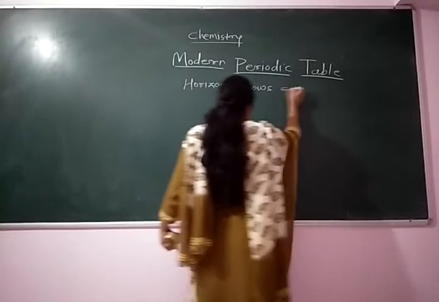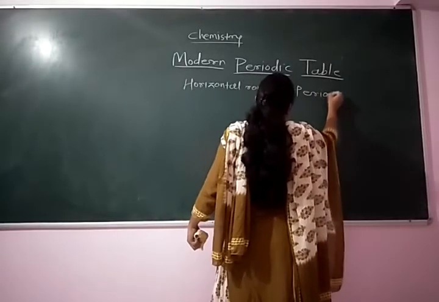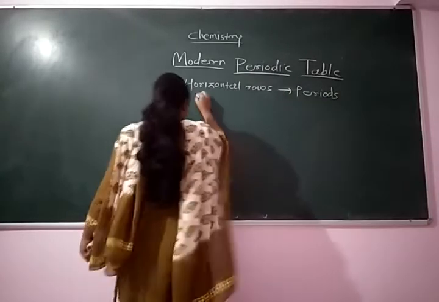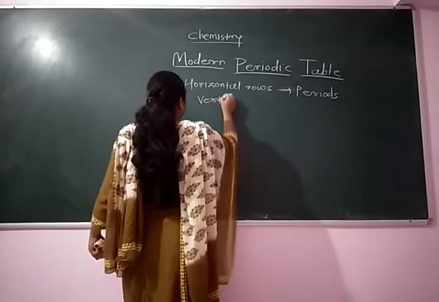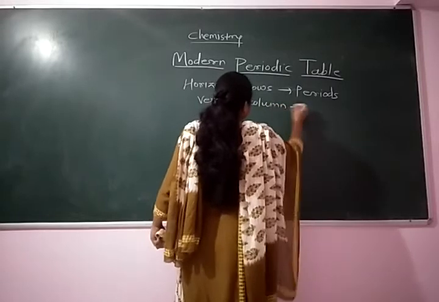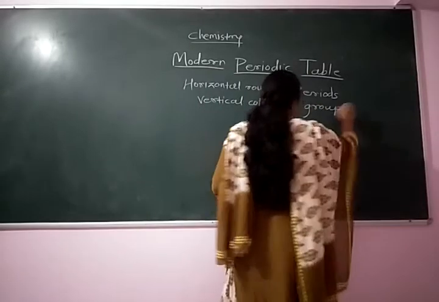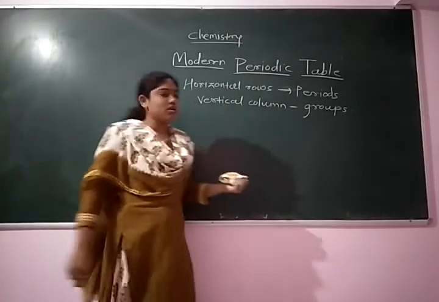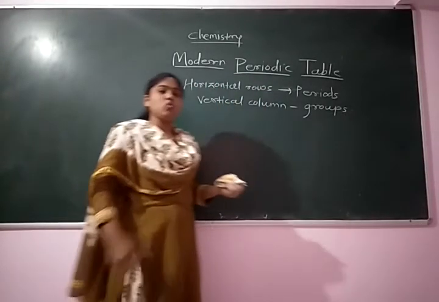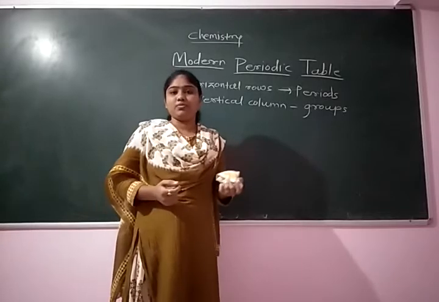In his periodic table, the horizontal rows are called periods and the vertical columns are called groups.